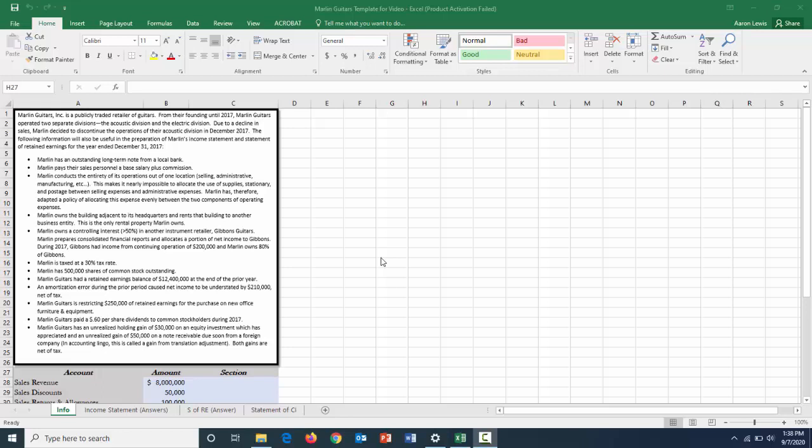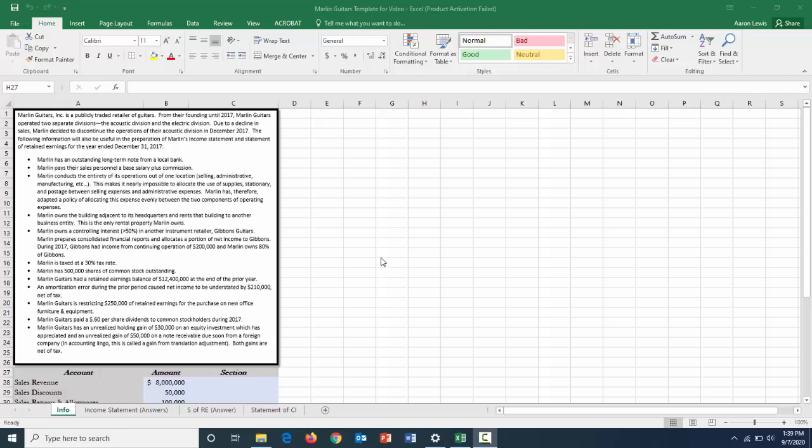Gibbons had $200,000 in income from continuing operations, which means since we own 80%, that other 20% is entitled to somebody else, and it's called a non-controlling interest. So we're going to have to show users of our information what portion of that income is attributable to these people that still own 20% of Gibbons Guitars.